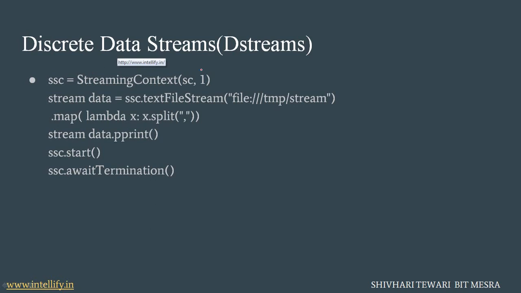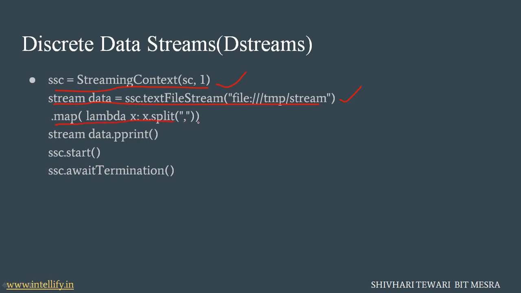After that comes discrete data streams. That is, discrete data streams means ssc equals streaming context, where we call the package in Spark. Then stream data equals ssc.textFileStream, where we use the file storage, the external storage, to call the file from our existing database.